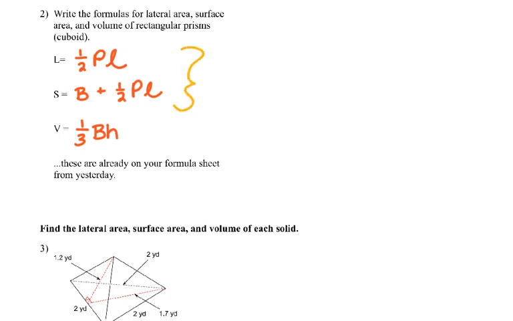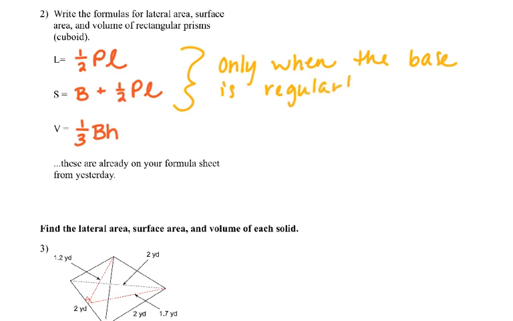So a couple things to remember. These can only be used when the base is regular. Otherwise you use the net. So you actually unfold it and find the area of each region.